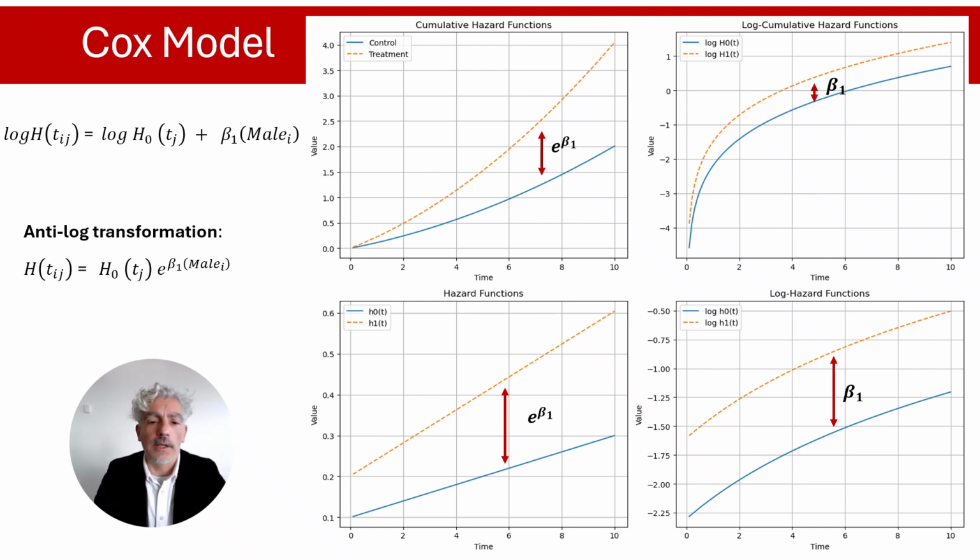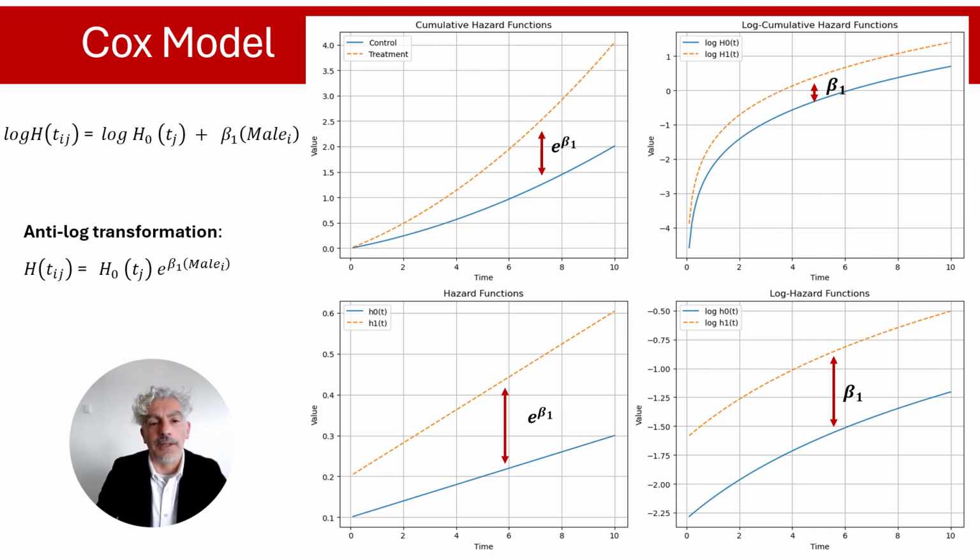And this provides another key advantage of the model, because we can interpret the parameters and the coefficients of the Cox model in terms of how the predictor affects the hazard function. And therefore, that model gives us a more intuitive and informative metric to interpret the results than the cumulative hazard function.